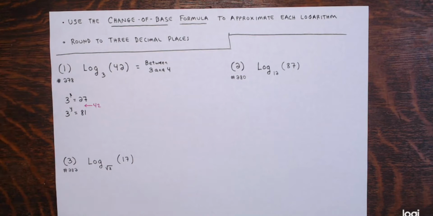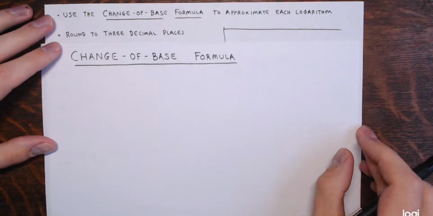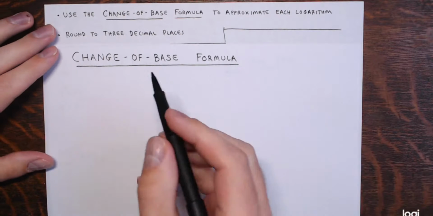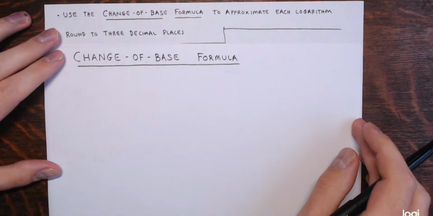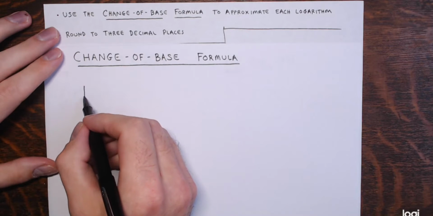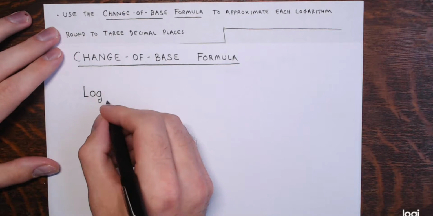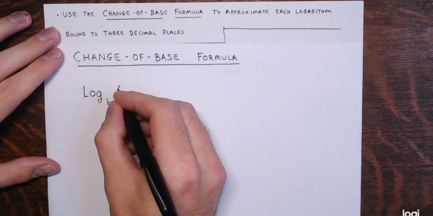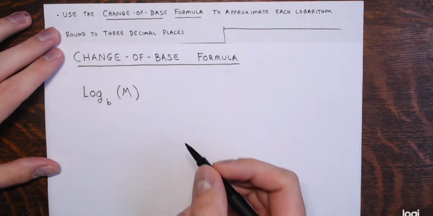Alright, so let me talk about the change of base formula. And I got a separate page here. And I'm just going to write it out. Alright, and I'll show you the little proof of it as well, and why it works. So if you start off with an expression in base b, so say I take the log base b of some number, some positive number, m.